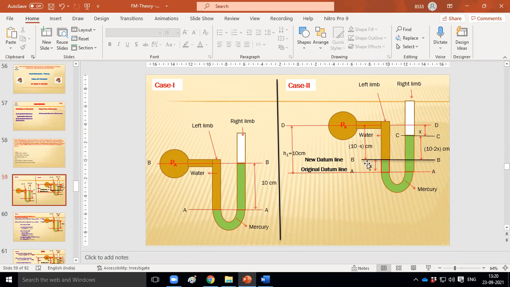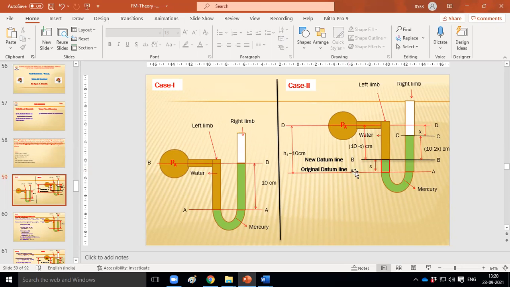And that is represented by the notation again X, same notation, same height. Therefore, we got the second datum line, the new datum line. New datum line is represented by which line? BB dash. BB dash is the new datum line. Okay, this AA dash is just for reference.